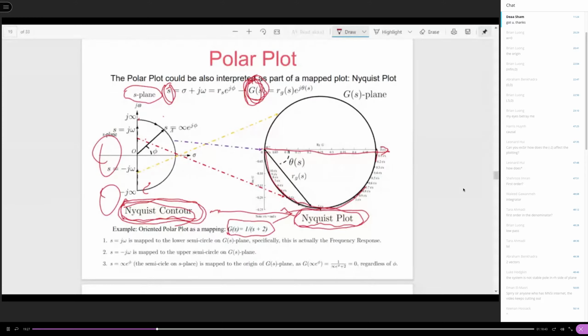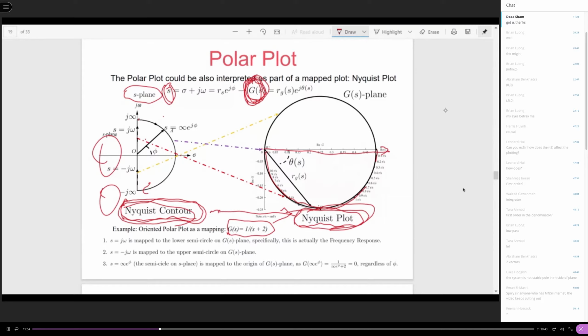S is going to be taken on the Nyquist contour. Then the plot you obtain under the mapping of your transfer function G of S is going to be called a Nyquist plot. Once this is clear, we're going to see how this mapping is conducted and how the plot is going to be.